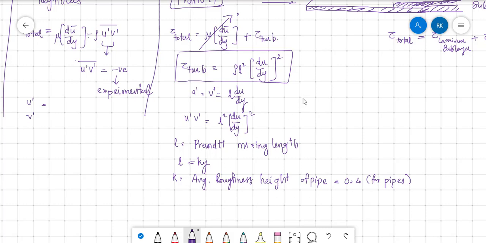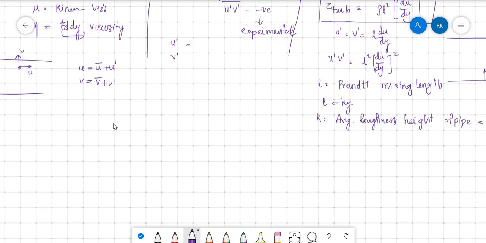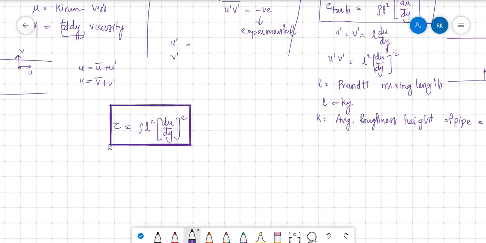Then what is this y? y is the distance from the pipe surface. So if this is the surface, y will be the distance from the pipe surface. So what is shear stress? Tau is equal to rho L square du by dy whole square. This is shear stress. Just remember it.